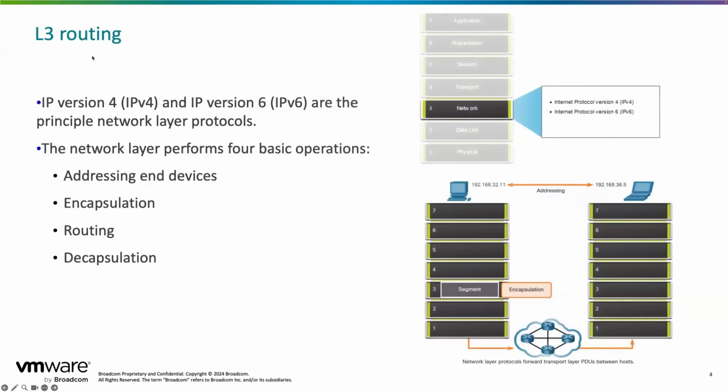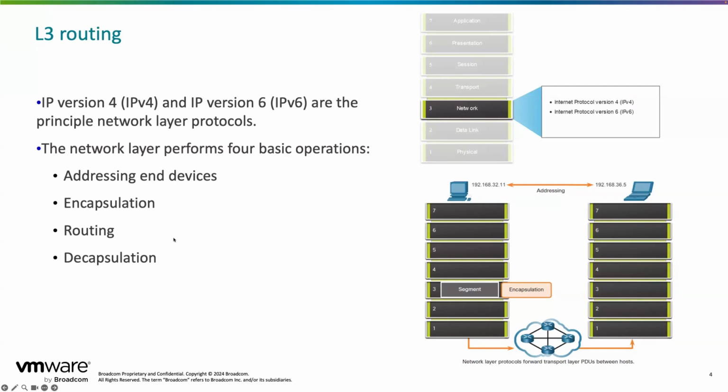Routing is equivalent to L3 routing, because routing always happens on the third layer, which is the network layer. We have IPv4 and IPv6 as the two biggest protocols on layer 3.